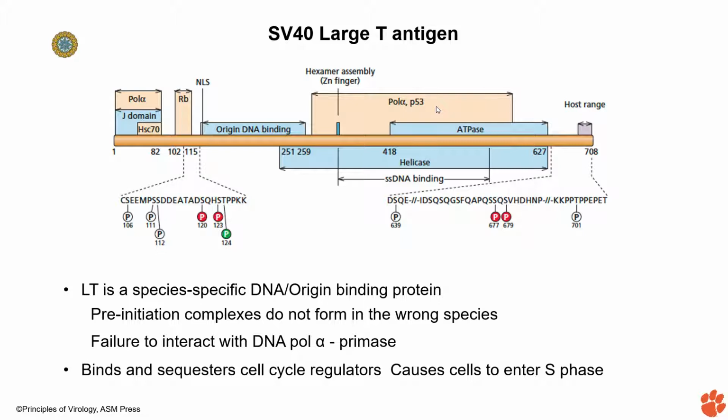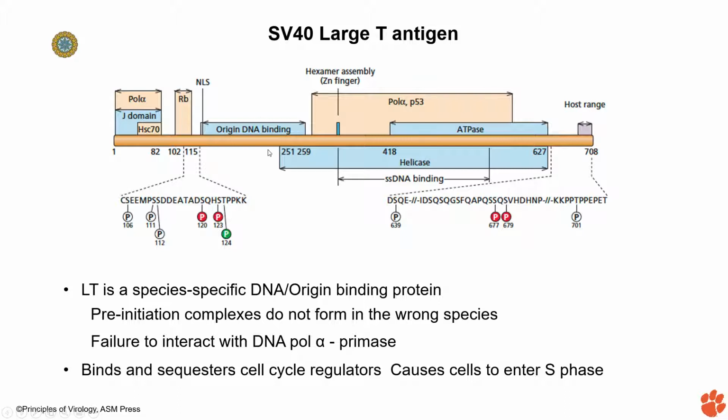If they cannot repair it, it sends the cell to apoptosis so that it gets killed, basically. So the LT binds to P53 and sequesters it. That means that it inhibits the P53 function, because the virus is going to mess up the DNA in the cell, and the cell cannot go into apoptosis even if there is something wrong. So that's what it is.